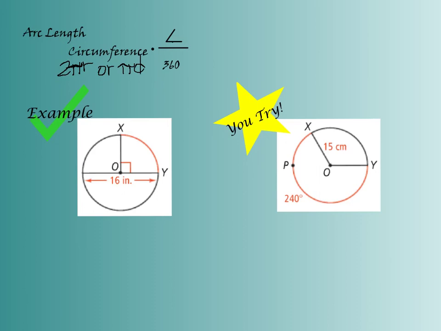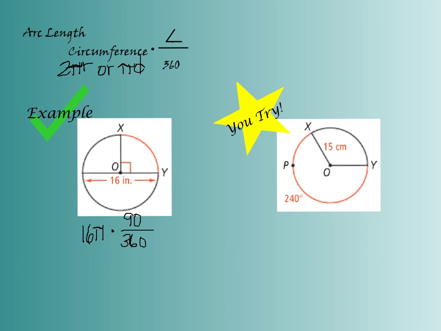So in my example, I have the diameter at 16, so my circumference is going to be 16 pi. And I'm multiplying this by my central angle over 360. Well, as you can see here, our central angle is 90 degrees. And so I'm just multiplying these together.